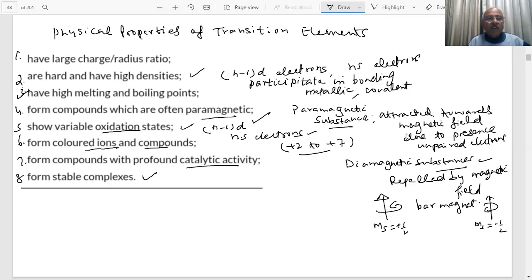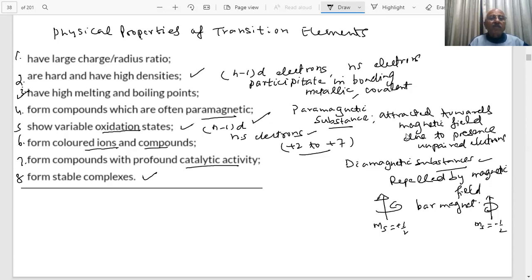Important, we will see what are coordination compounds, what are complexes, highly colored compounds, and they have huge biological application. Even chlorophyll is a complex of magnesium, students, and heme in the blood, hemoglobin, is also a complex of iron. So transition metal iron is also in the list of the transition elements.